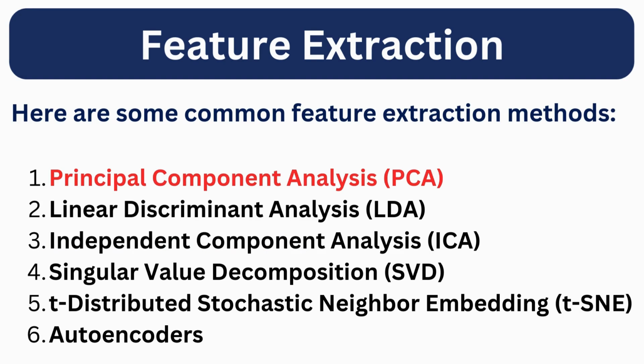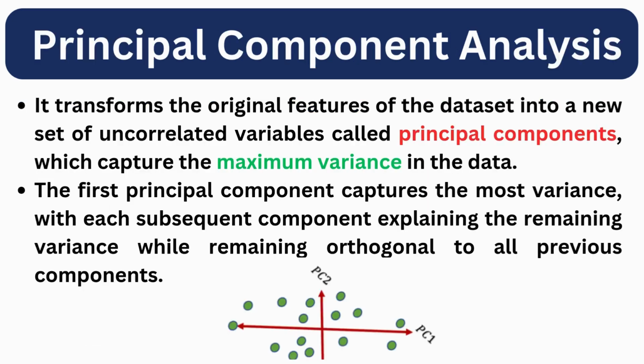Here are some common feature extraction methods: principal component analysis, linear discriminant analysis, independent component analysis, singular value decomposition, t-SNE, and autoencoders. In this video, we will be focusing on principal component analysis, that is PCA. Principal component analysis is a widely used technique for dimensionality reduction.